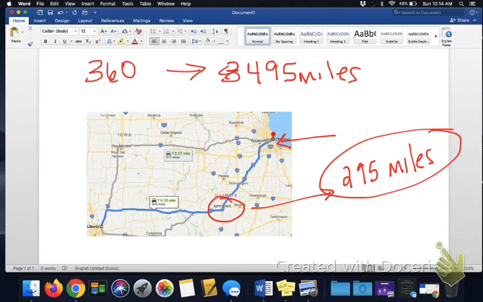Okay, so how do we determine how many gallons of gas we need? Well, if we go 295 miles, we want to divide that by how many miles per gallon we get in our car, which in our case was 24 miles per gallon. So grab your calculator and divide those two things.